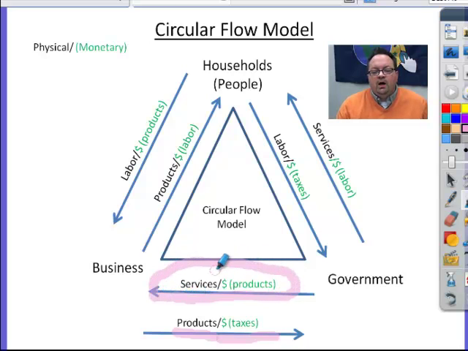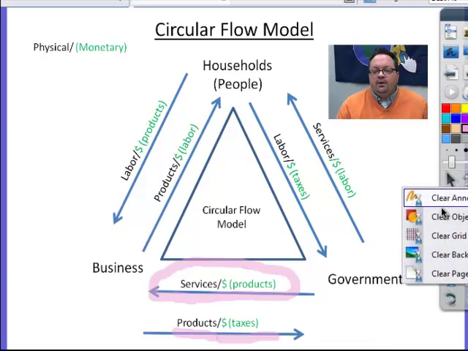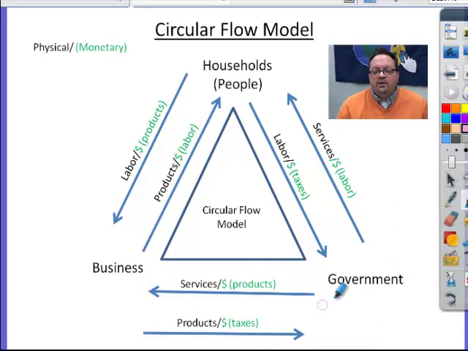So when the paper manufacturers bring those reams of printer paper or the paper towels, the government pays the businesses for that. So, in review, what we can say here is that the businesses provide products and money for taxes to the government, and the government provides services and money for products.